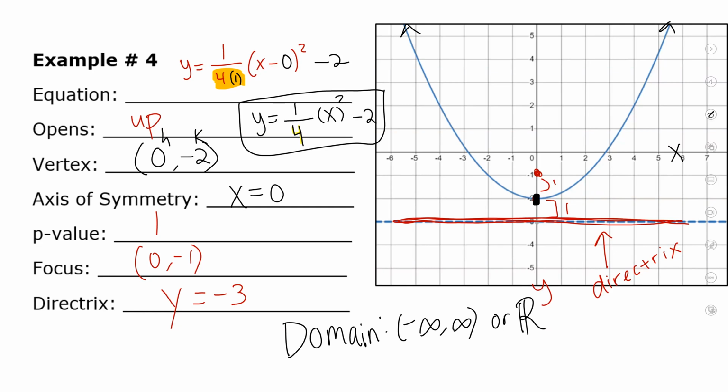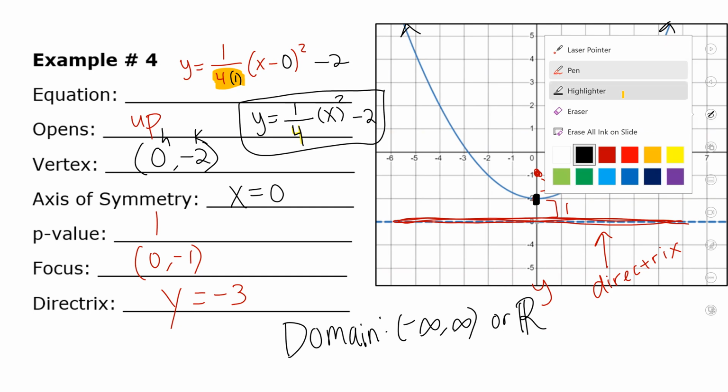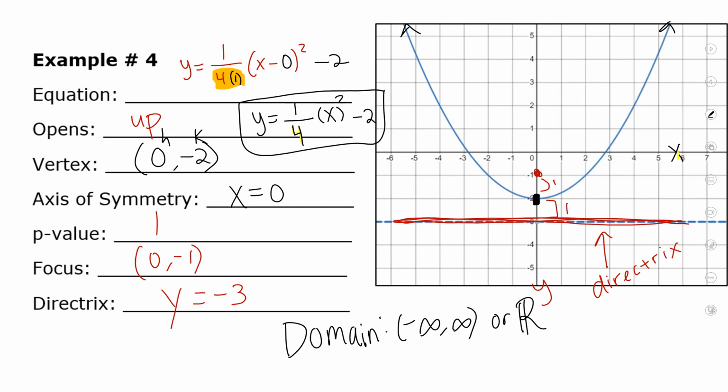And now let's talk about the range. The range is only talking about the parabola. So let me highlight what we're going to look at. We're just looking at the parabola. We're not looking at the directrix, just the parabola. So the very bottom of the parabola is right here. The bottom is at negative 2.